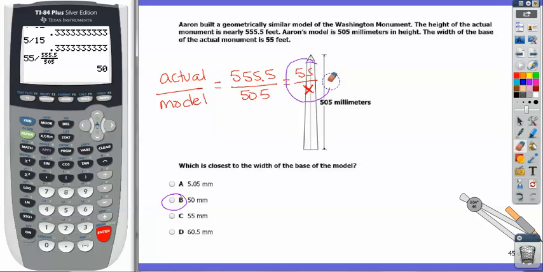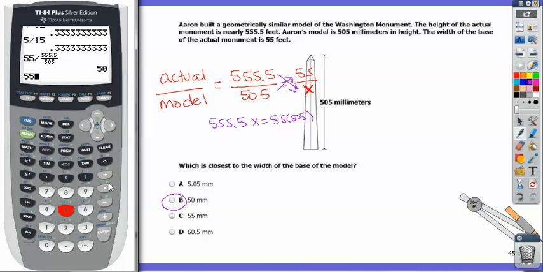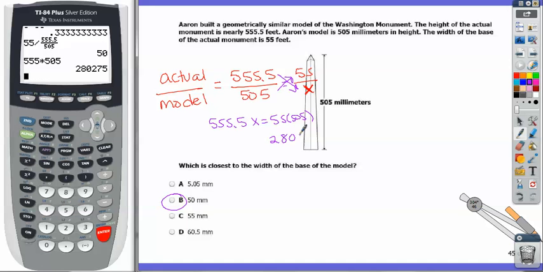So I'm going to go ahead and cross multiply. And I get 555.5x equals 55 times 505. So 55 times 505 is this number, 280275.